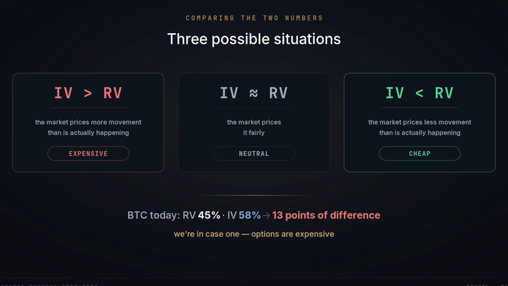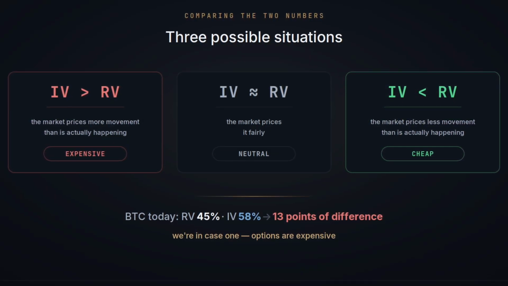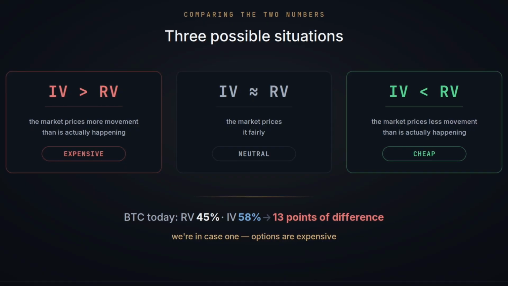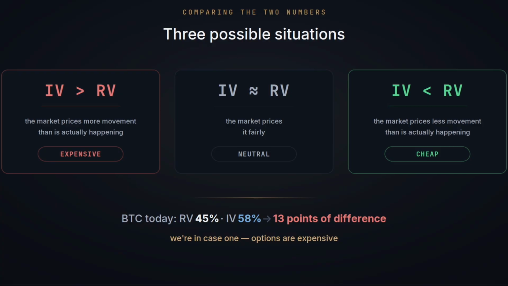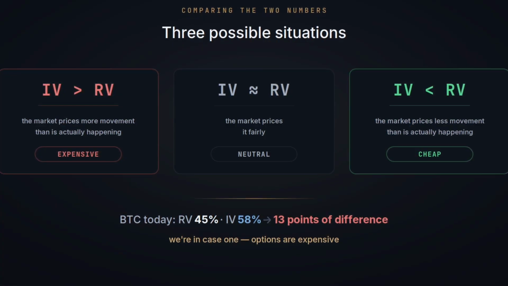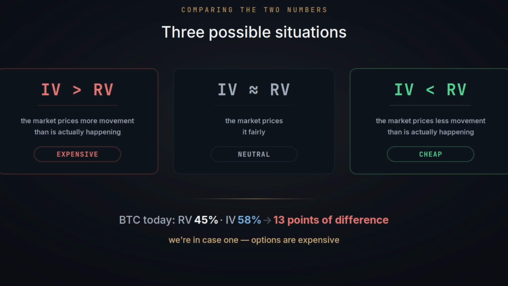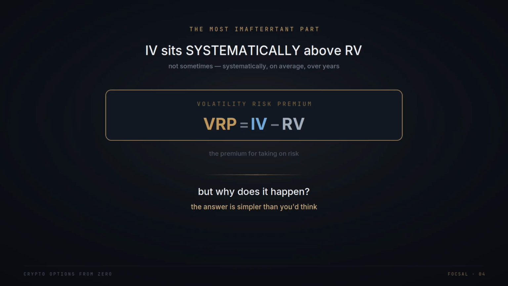Back to our Bitcoin numbers. Realized 45, implied 58. 13 points of difference. We're in case 1. The market is pricing more movement than is actually happening. Options are expensive, which should raise a question. Is that an exception, or is that just how it usually is? And now the most important thing in this episode.